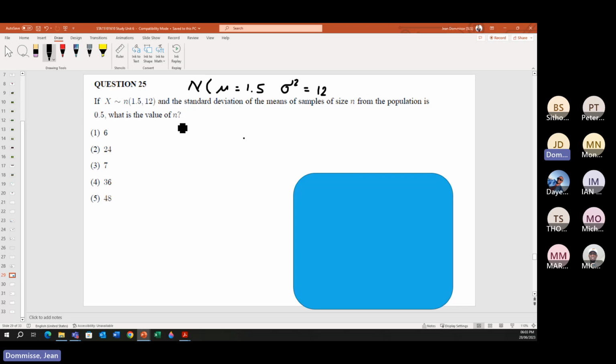Okay, I'm going to mark it. This must be part of chapter 7. So I'll move it to chapter 7. The difference between chapter 6 and chapter 7 nearly is that in chapter 7 we start working with samples.